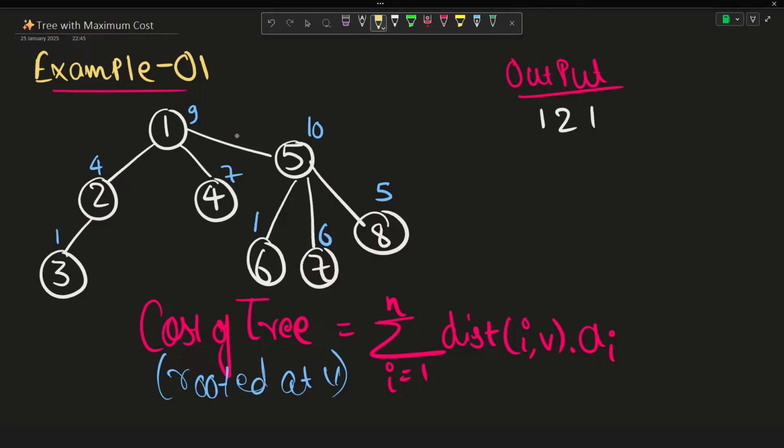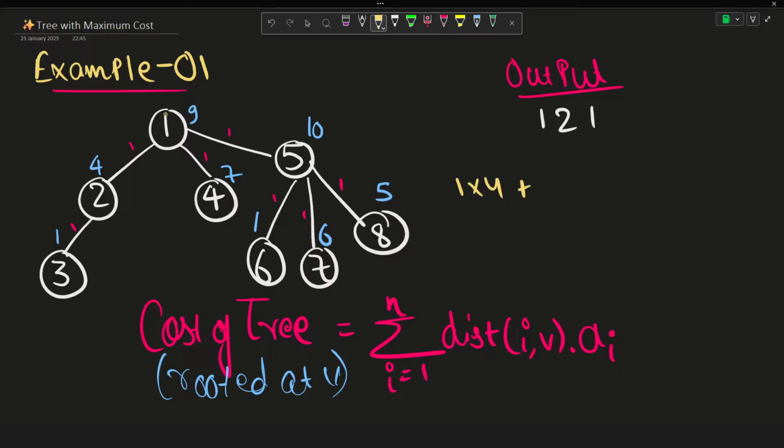Let me also mark these distances on the edges. All edges have an edge weight of 1, so each edge contributes a distance of 1 only. When moving from vertex 1 to vertex 2, the cost is added as 1 into 4.